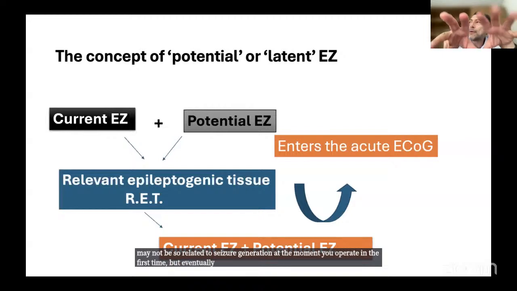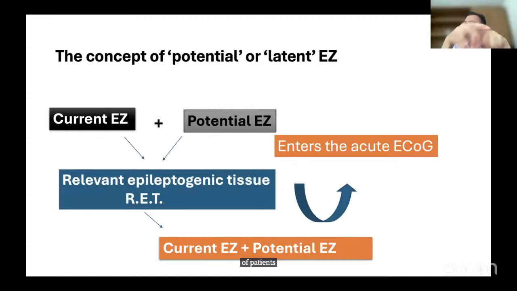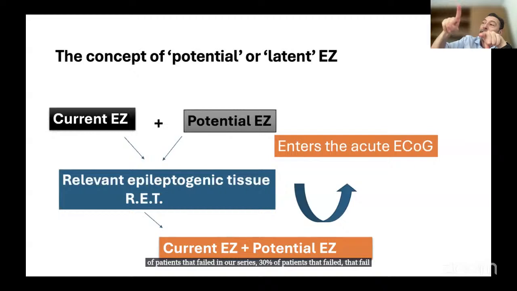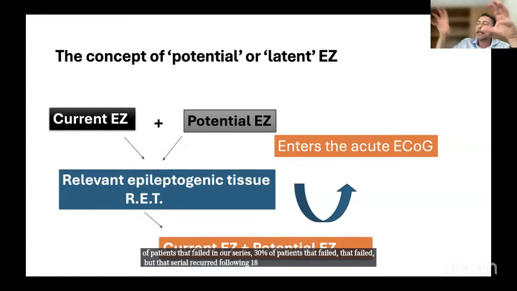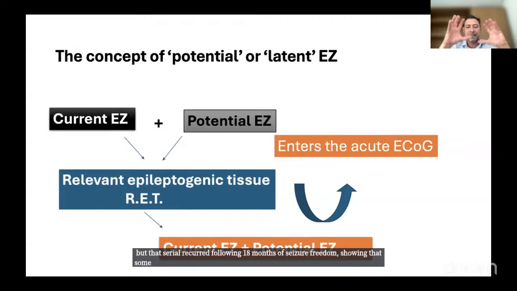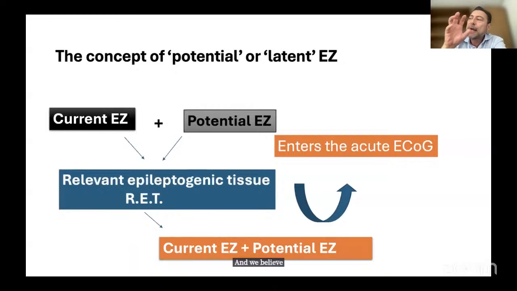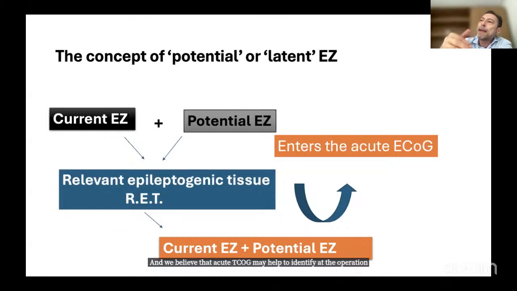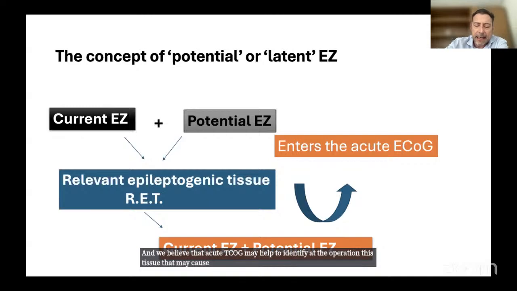As I will show you later, we have about 20%, 30% of patients that failed in our series, but that seizure recurred following 18 months of seizure freedom, showing that some parts of this epileptogenic zone may be left behind and be silent for a while until it starts generating seizures. And we believe that acute ECoG may help to identify at the operation this tissue that may cause problems sometimes later, and that's what I will try to show you now, okay?